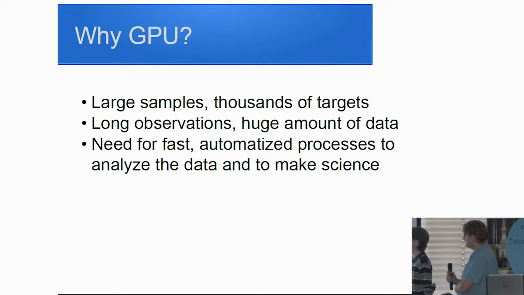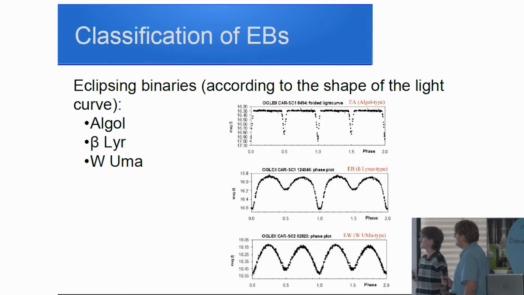Kepler, for example, observed eclipsing binaries for almost 4 years, so we have a huge amount of data. And in this new era of observation of eclipsing binaries, we need fast and automated processes to analyze the data and to make science as soon as possible.